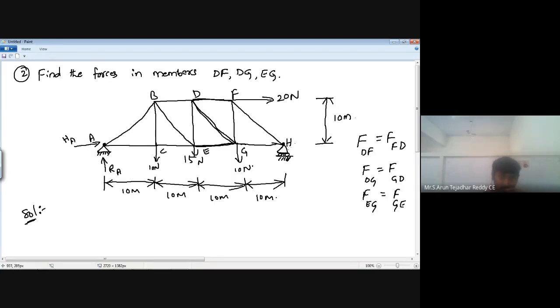Coming to point H, it is a roller support. At the roller support only one reaction is available, vertically, so we write it as RH. So the first step is to replace the supports with reactions.